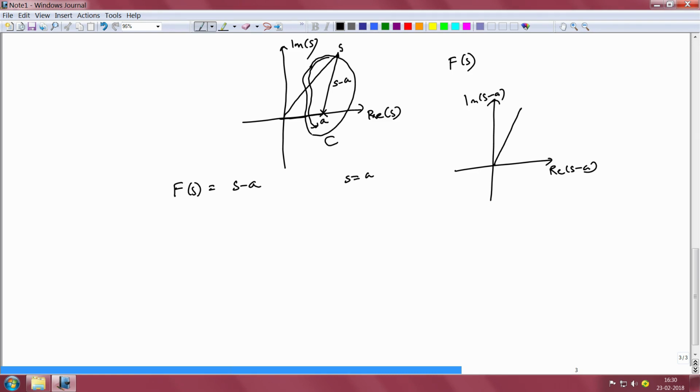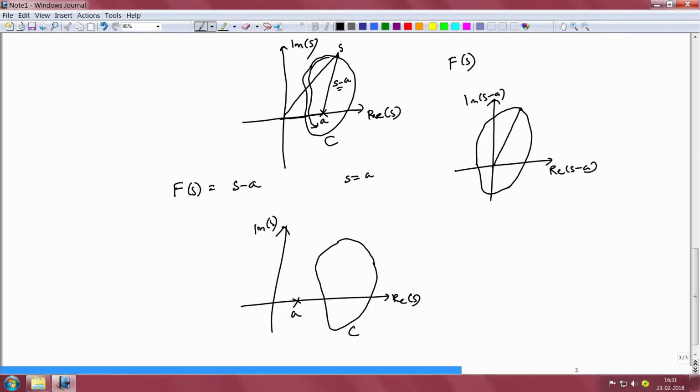Now, when I take the variable s around the contour C, what would happen is that the end of this complex number would trace a curve that is similar in shape for this particular case to the curve C, and what is more significant is that it goes round once and therefore encircles the origin once. The angle of this complex number s minus a changes by 2 pi if the point A is inside that contour.